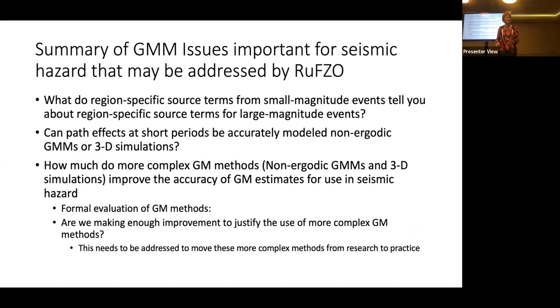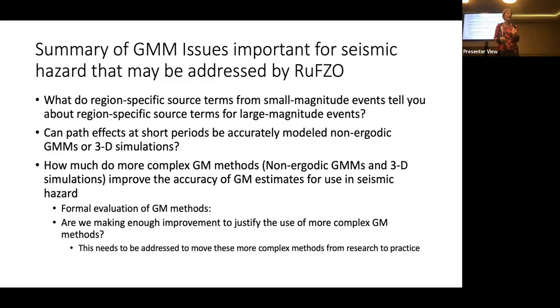And so that's about it. To summarize the issues that are most important for seismic hazard that RuFZO can address: region-specific source terms from small magnitude events. What does that tell us about source terms for large magnitude events? Can we use the path effects that we can measure at short periods to accurately model non-ergodic ground motion or 3D simulations?